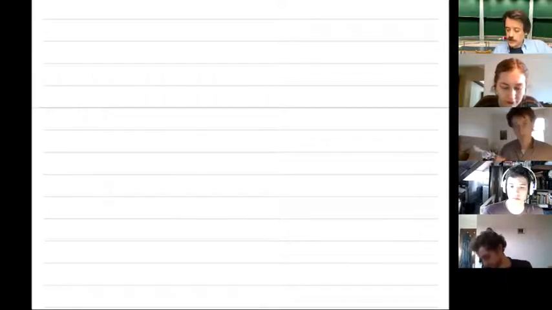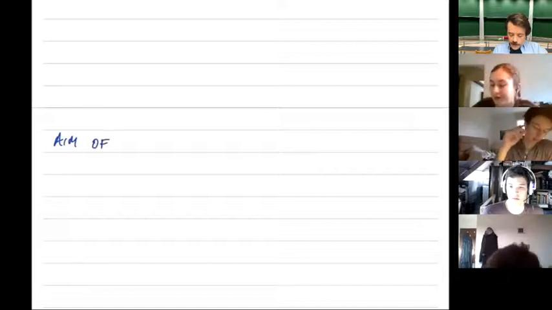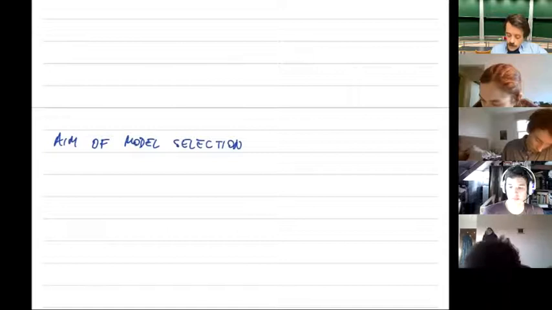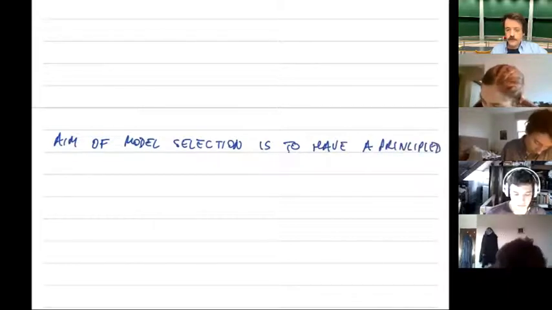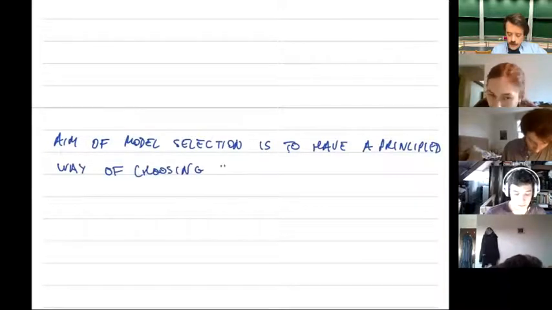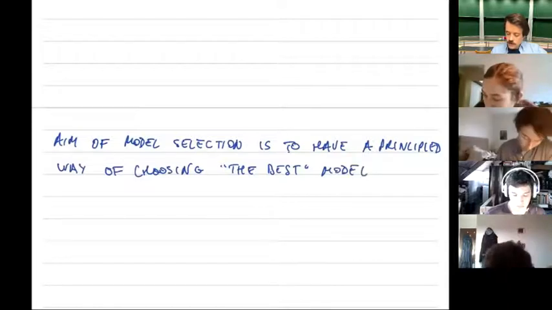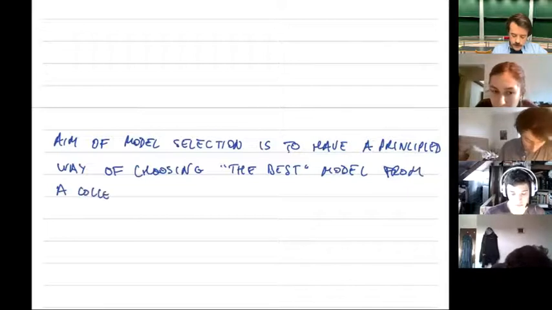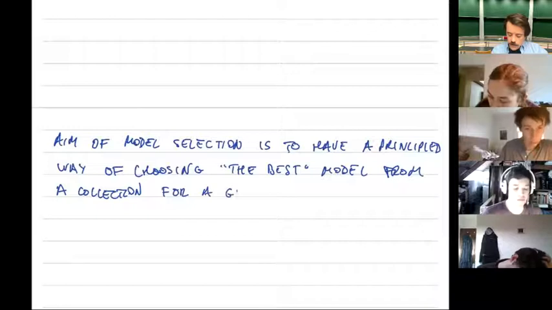So, succinctly, what I'm saying is that the aim of model selection is to have a principled way of choosing the best model from a collection for a given purpose.